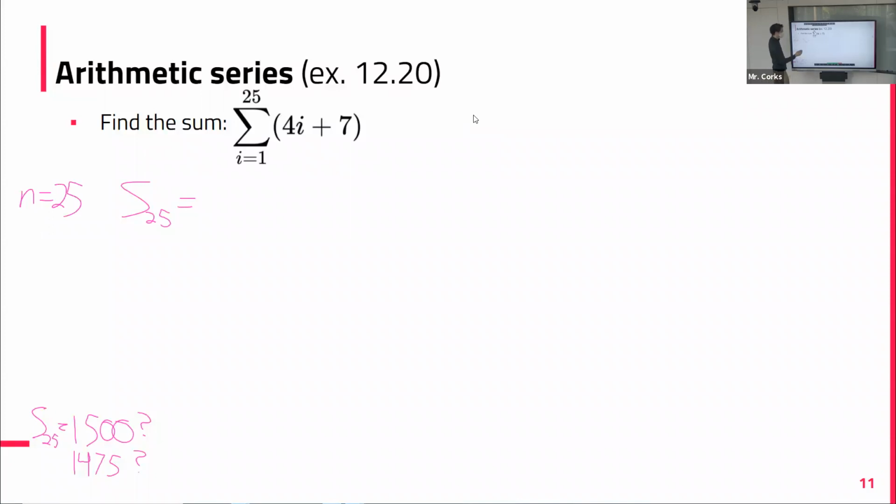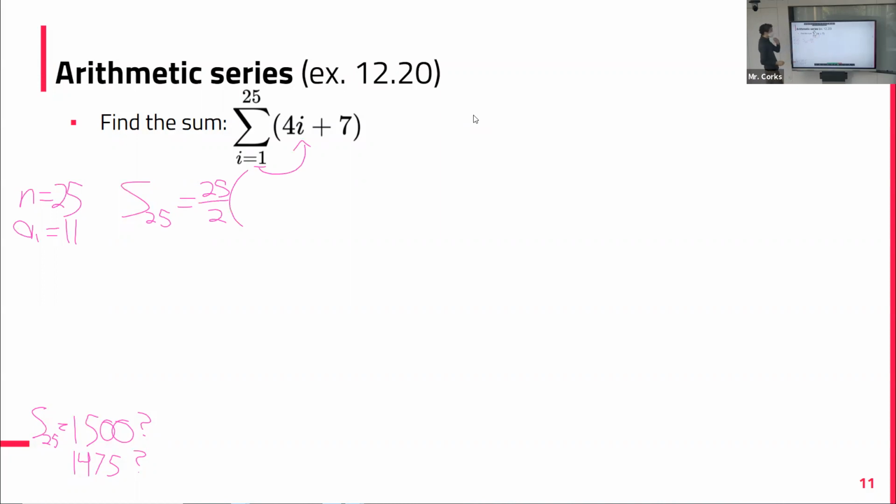What else are we going to need for this formula? What's the first thing that we'll definitely need? All right, so our first term, what is our first term? 11, so just 1 here, 4 times 1 plus 7, 11.